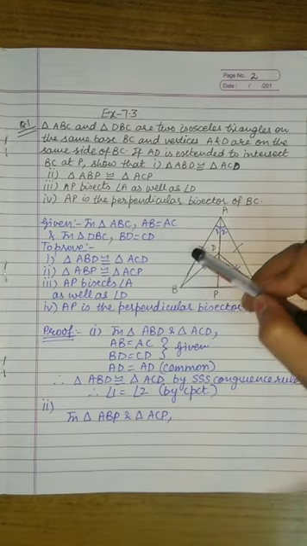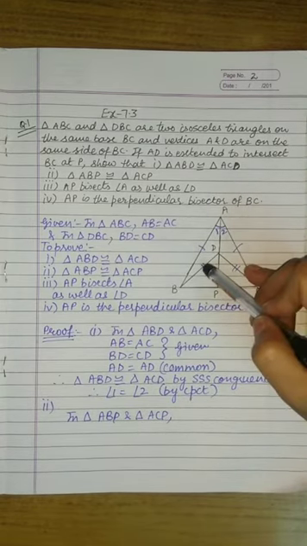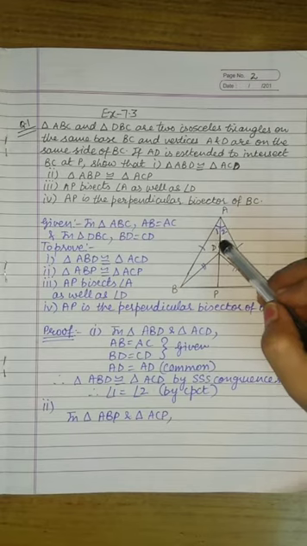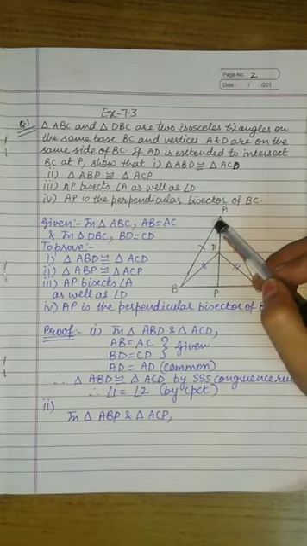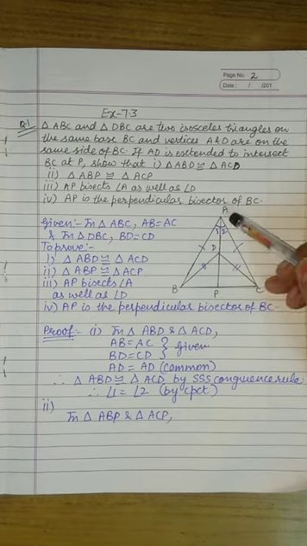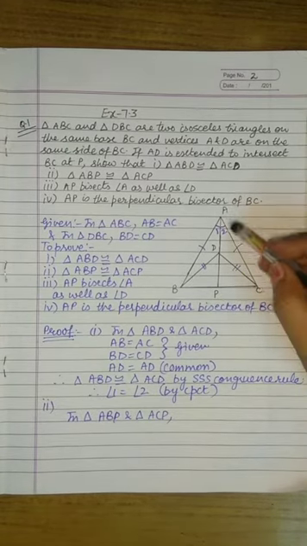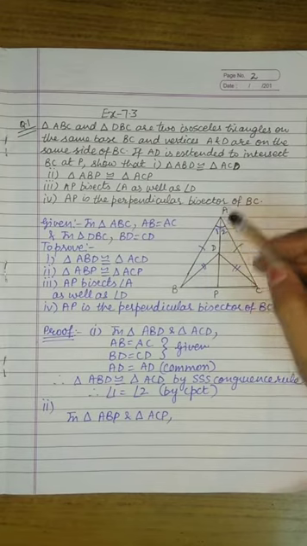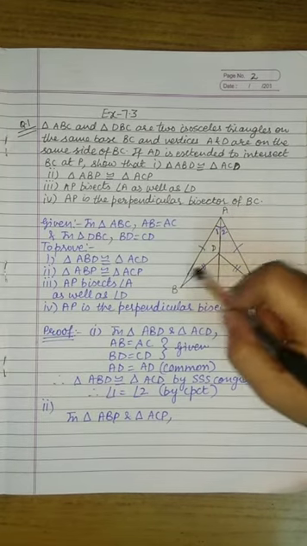So by side, angle, side, SAS: side AB, then angle 1, then side AP. So here also in the second triangle we have AC, then angle 2, then side AP, which is common to both.